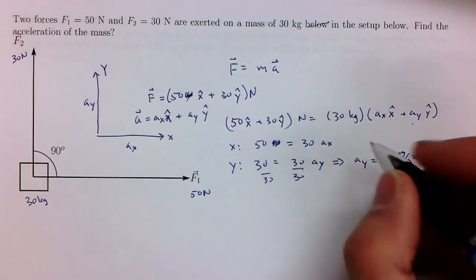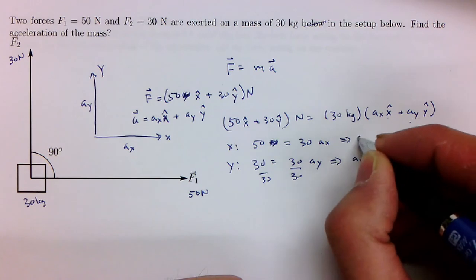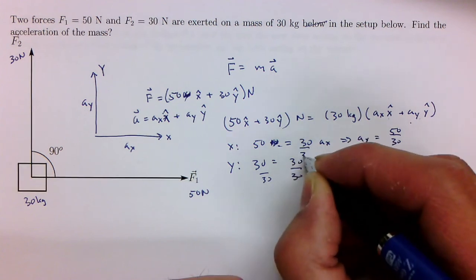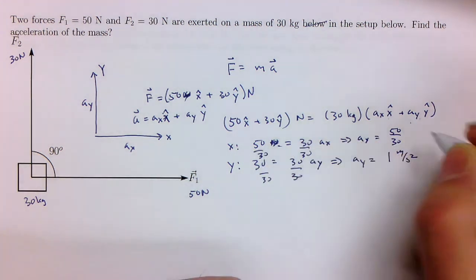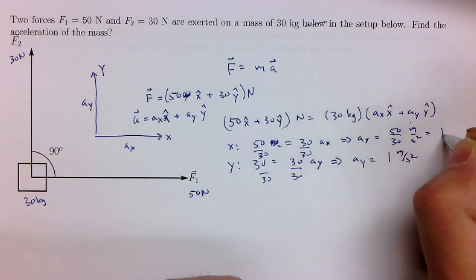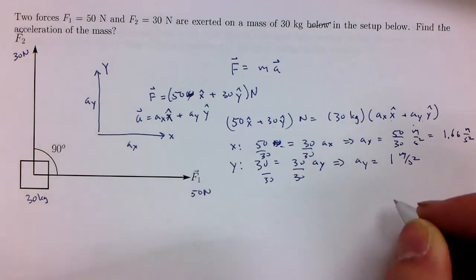This one is a little more complicated, well, not much more complicated. This means ax is equal to 50 divided by 30, so divide by 30 on both sides, in meters per second squared, which is equal to 1.66 meters per second squared. Perfect.